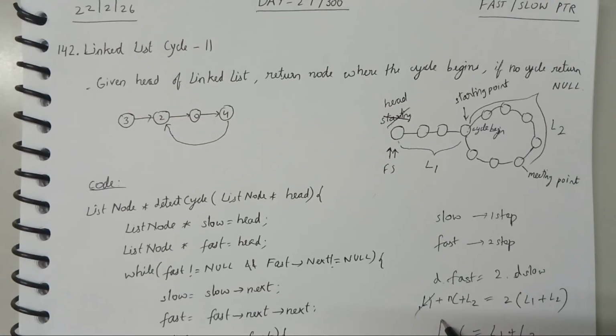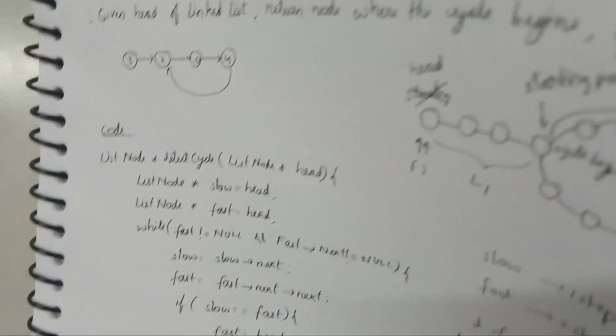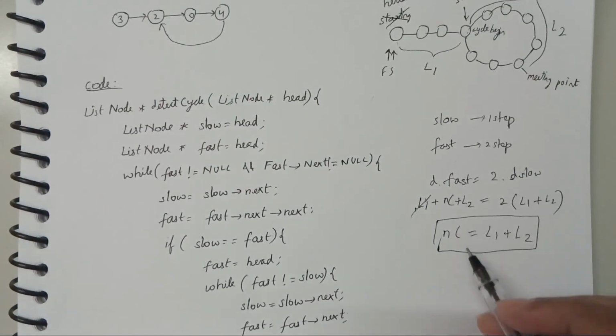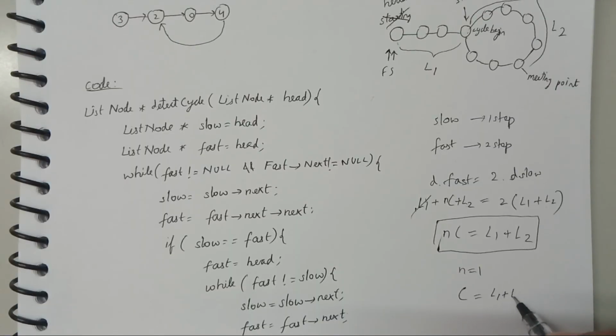So this is the main equation. And now here we assume that n is the number of cycles. So if we assume n is equal to 1, that means only after one cycle the two pointers met each other. So if n equals 1, then C is equal to L1 plus L2.